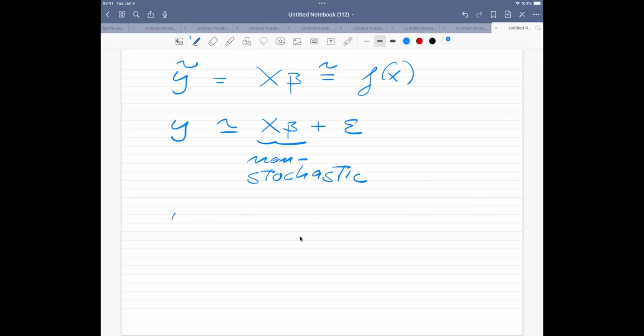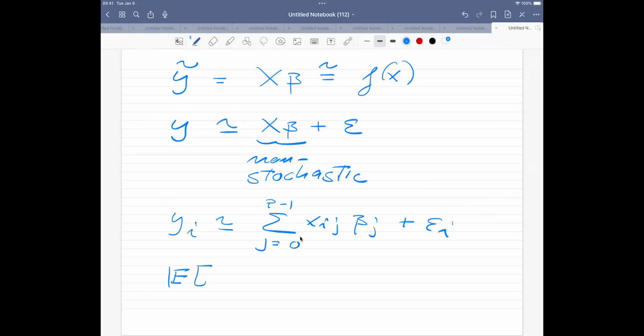And this y_i, when we write it out in terms of the model, is given by the sum over j equals 0 to p minus 1 of x_ij times beta_j, plus some epsilon_i. Each epsilon_i has the same noise, the same function.